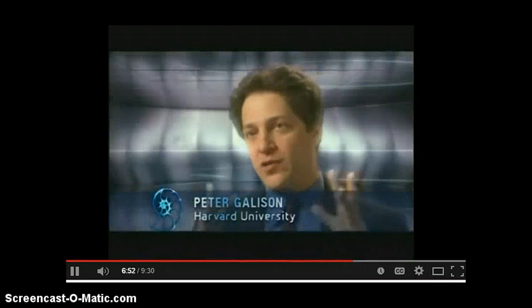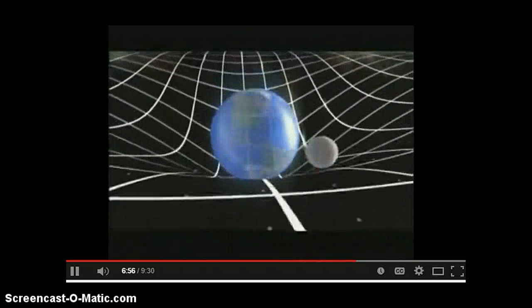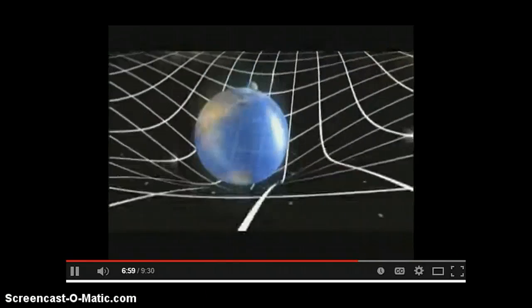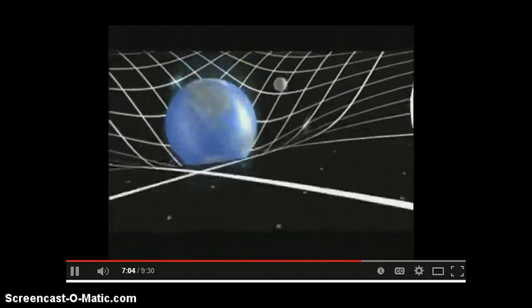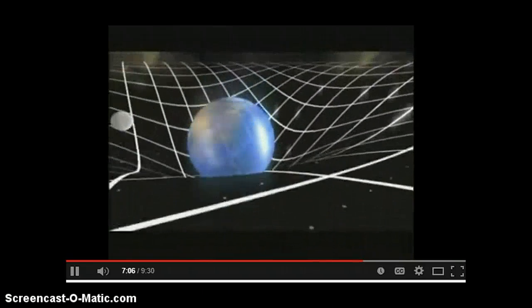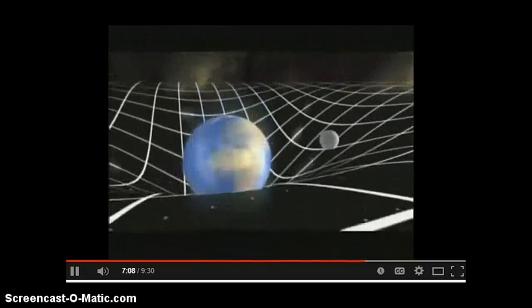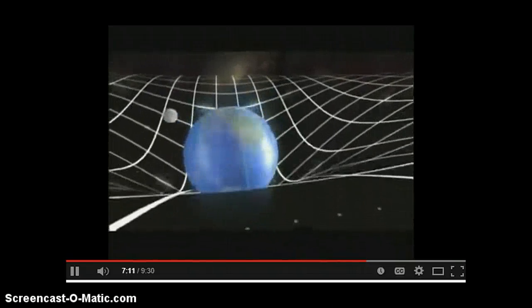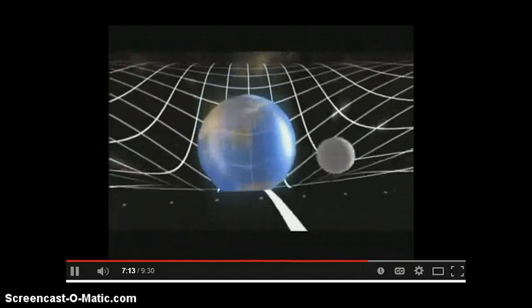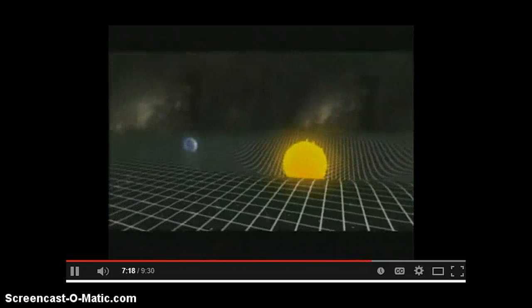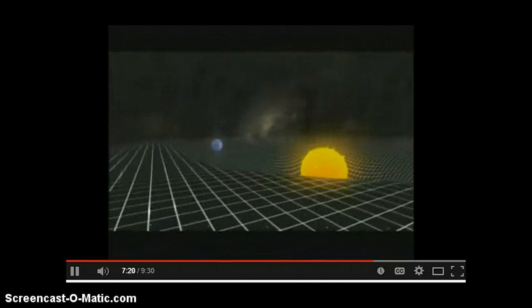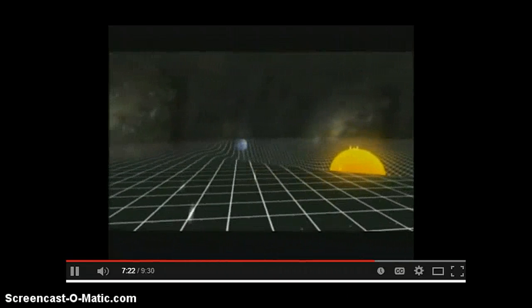It was his hope that by understanding the geometry of this four-dimensional fabric of space-time, he could simply talk about things moving along surfaces in this space-time fabric. Like the surface of a trampoline, this unified fabric is warped and stretched by heavy objects like planets and stars. And it's this warping or curving of space-time that creates what we feel as gravity.